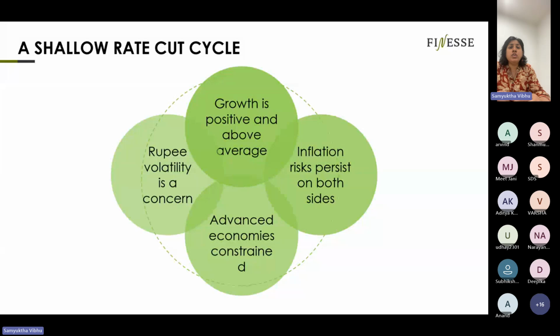If we look at how advanced economies are moving, let's take the Fed, for example, the kind of projections they've shown in terms of interest rate cuts, is that a sustainable amount, right? Because there are many moving parts in that equation. You do realize that inflation is going to be a little bit higher. Part of that is because of tariffs, part of that is because of other things.